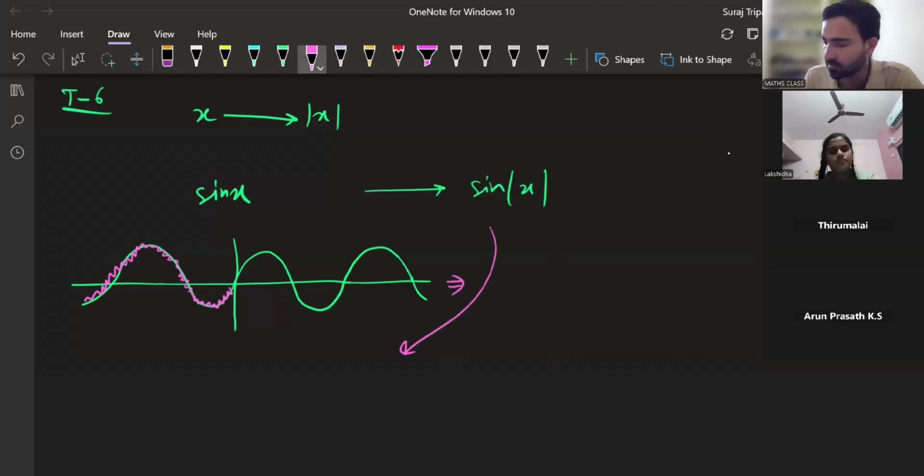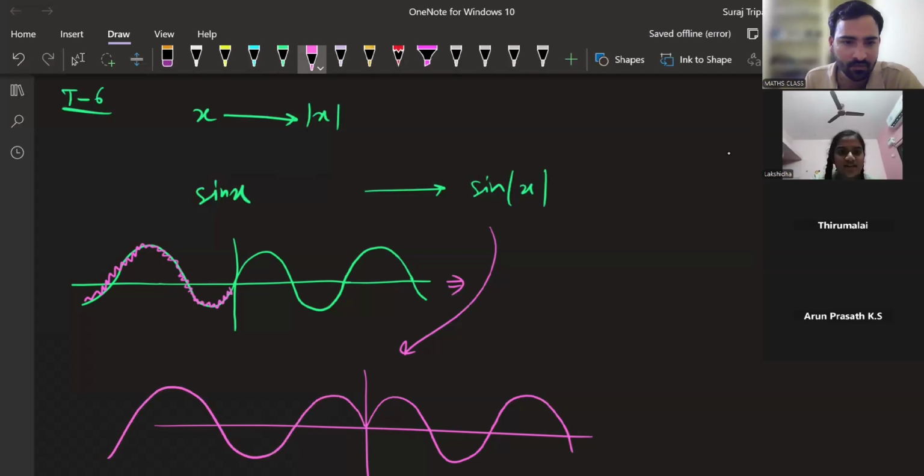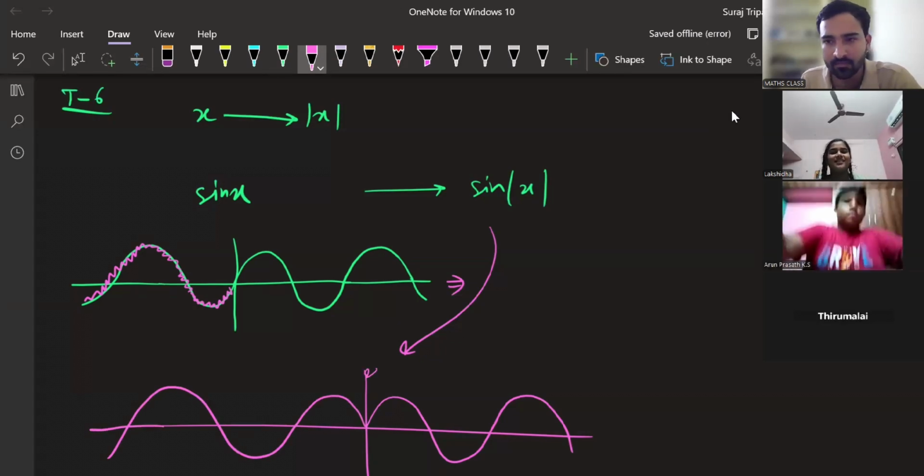So the graph of sine of mod x will be this one. The right-hand side will remain the same, and whatever graph was present on the left side I have erased, and I am just taking the reflection of all the graph which is present on the right side. So the graph will look like this.